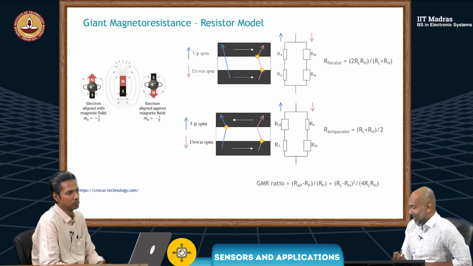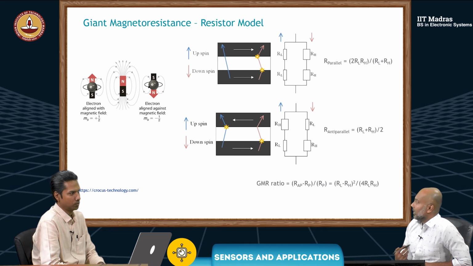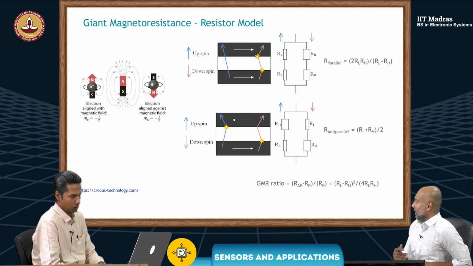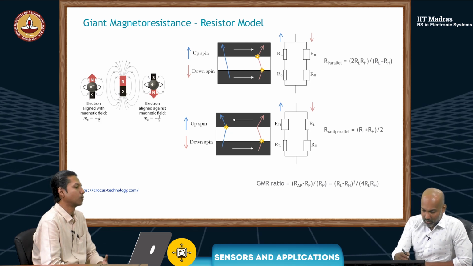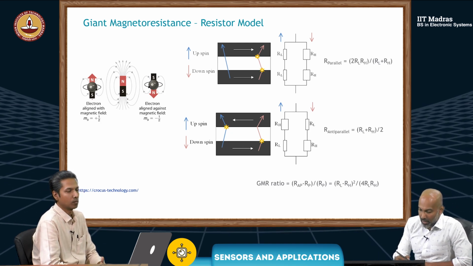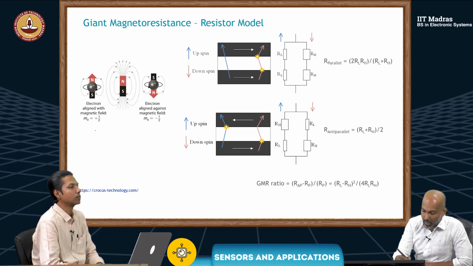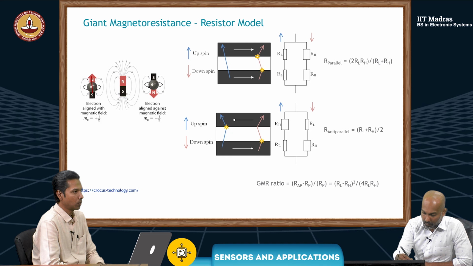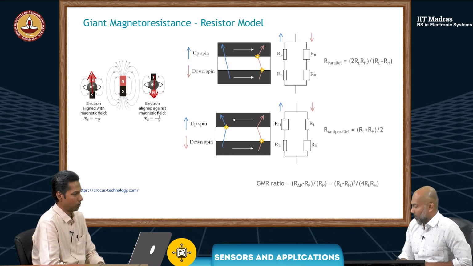Spin up means rotating in a clockwise direction, and spin down means rotating in an anti-clockwise direction, as you can see here. This gives rise to a magnetic dipole. In the case of spin up, the dipole points up, and for spin down, the dipole points down.